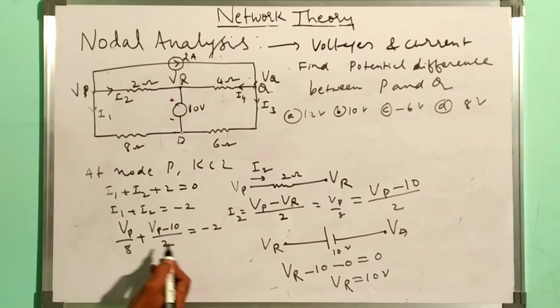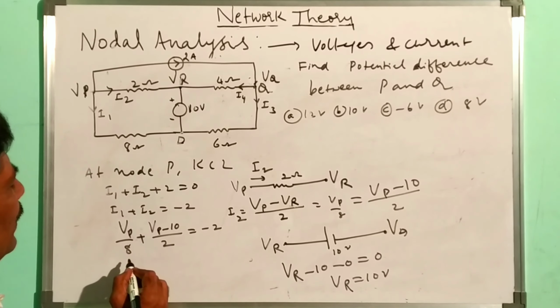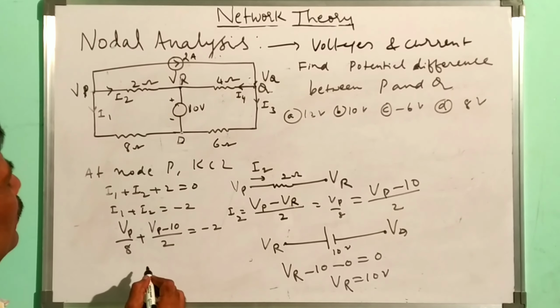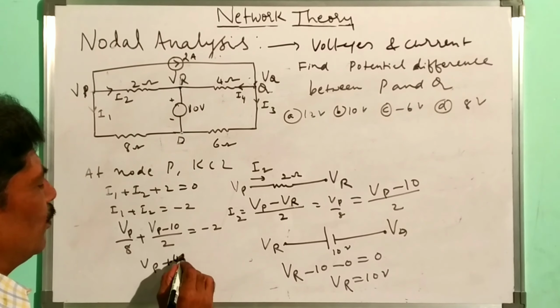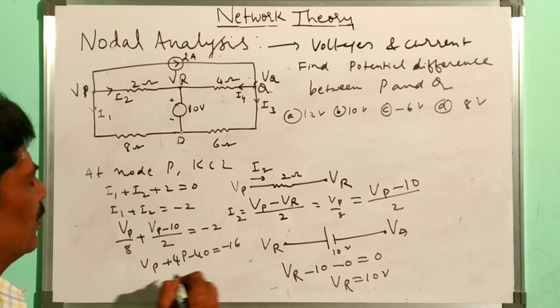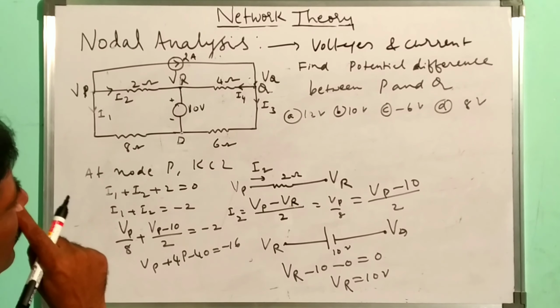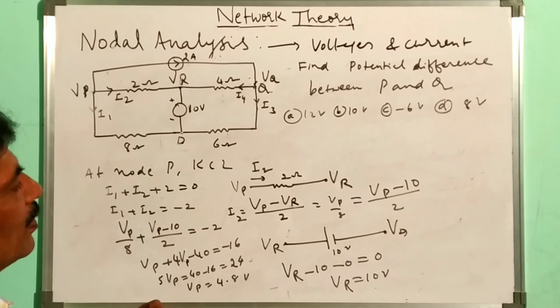From this equation you can find out VP. Multiply throughout the equation by 8. You get VP plus 4VP minus 40 is equal to minus 16, so VP is 4.8 volts.